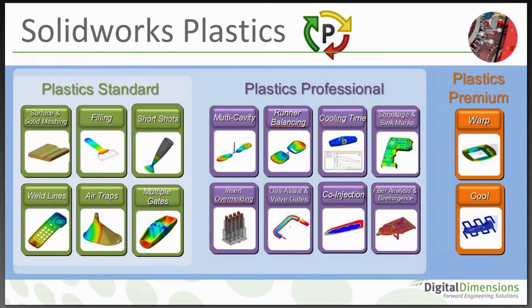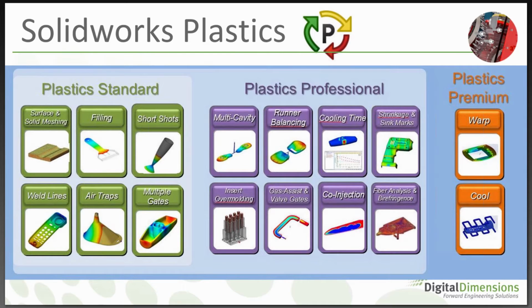With Standard, you get filling, short shots, air traps, weld lines, etc. And then with the upgrade to Pro, you get a couple more features like multi-cavity, cooling time, gas assist molding, co-injection. And then, of course, if you're going to look at some more advanced things in plastics like warp and cooling lines, you would need to have the Plastics Premium. So I just kind of want to let you guys know about that breakdown of which options come with which packages.